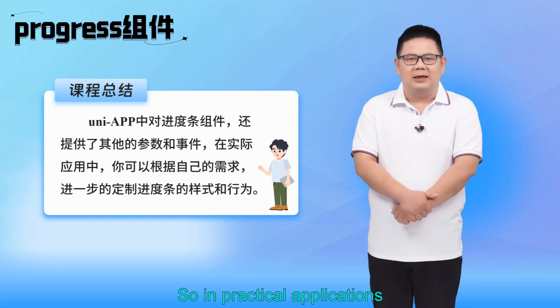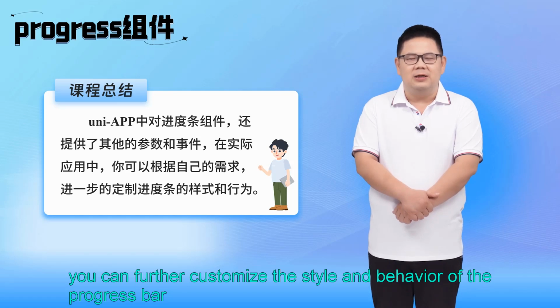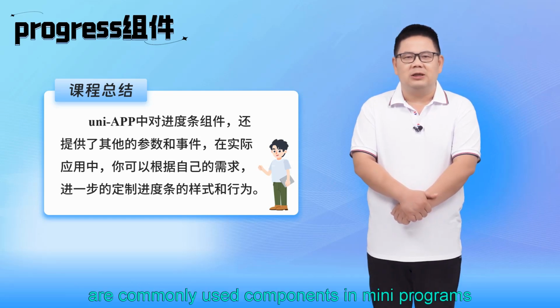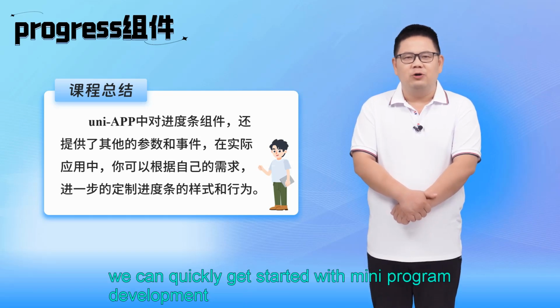So in practical applications, according to your needs, you can further customize the style and behavior of the progress bar. The basic content components of UniApp are commonly used components in many programs. By learning these basic content components, we can quickly get started with mini program development.